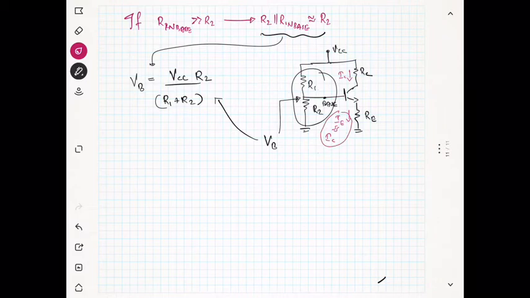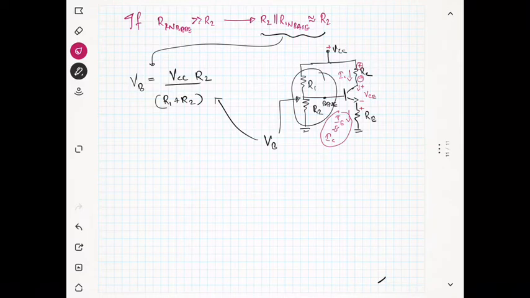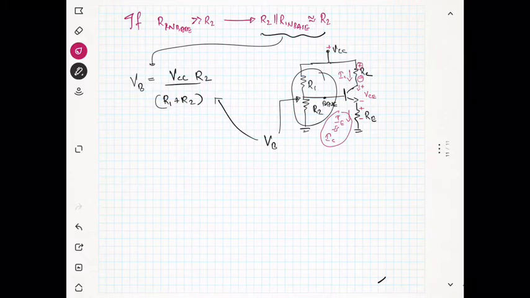The current is coming from plus VCC and going down through IC, so whenever the current enters, this end will be positive and the other negative. The voltage across the collector and the emitter is VCE. When the current enters RE, that end becomes positive and the other end negative. I hope this is clear.